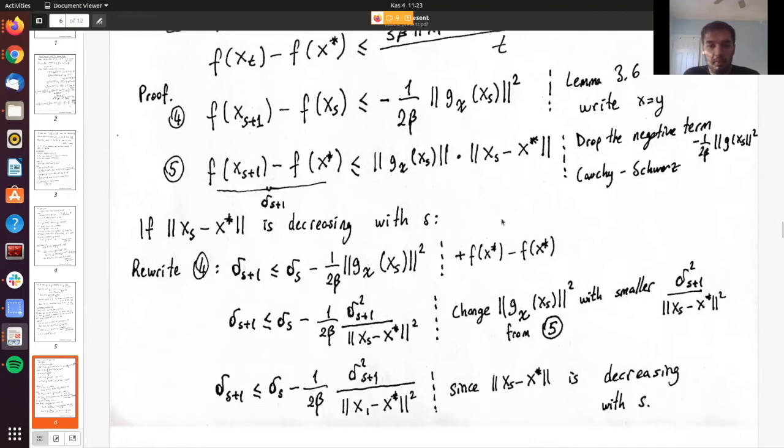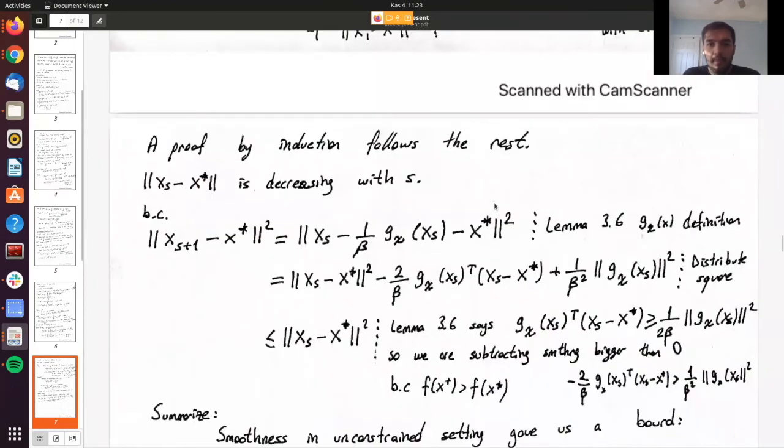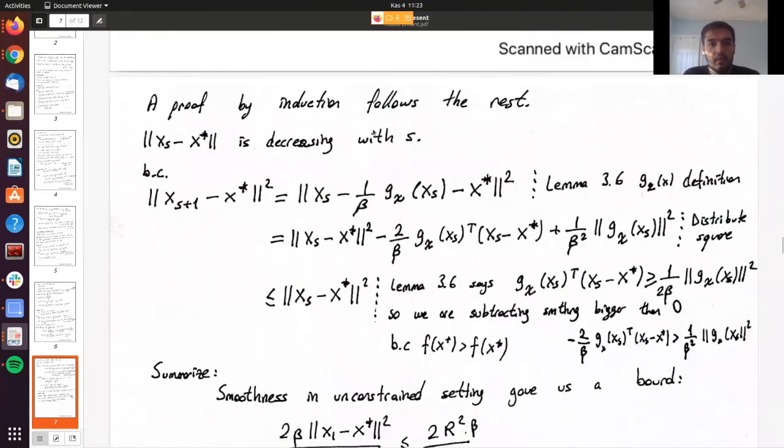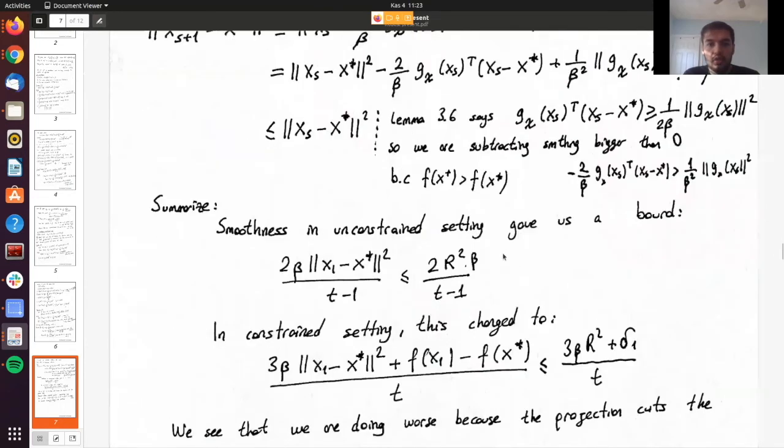We are using the lemma we found previously, and then we are doing a proof by induction, which is not shown here. Here we use the lemma, and to summarize, we achieve this bound.